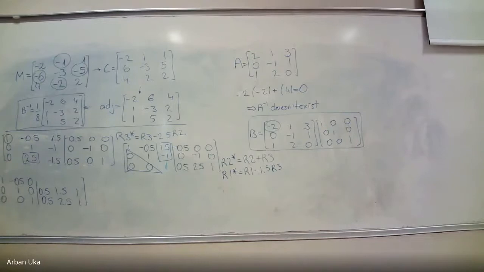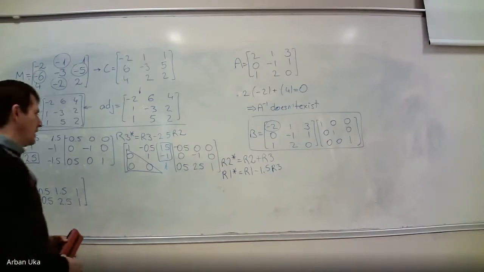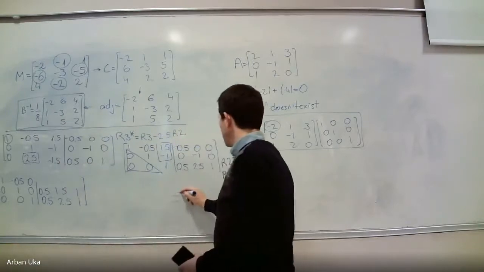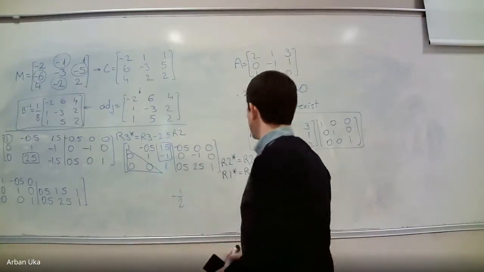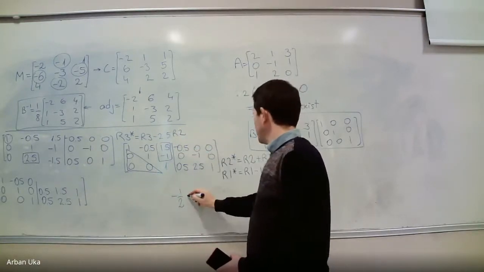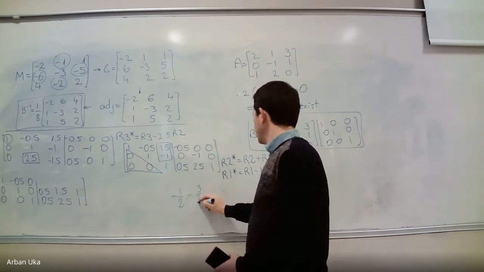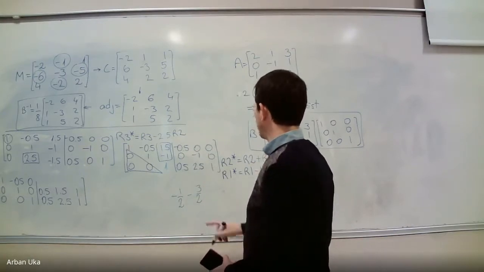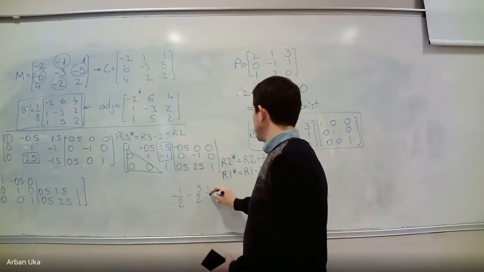And then row 1 minus 1.5 row 3. So this is going to be minus 0.5 minus, I cannot do this one very correctly, so this is going to be minus 1 over 2, which is this number, minus 3 over 2 times row 3. Row 3 is 1 over 2.